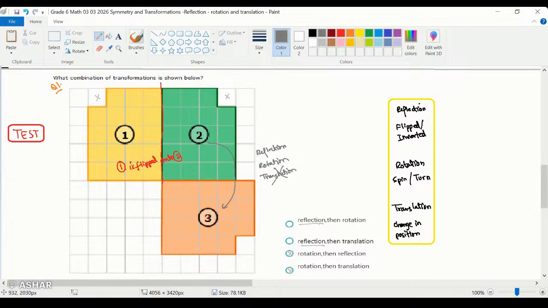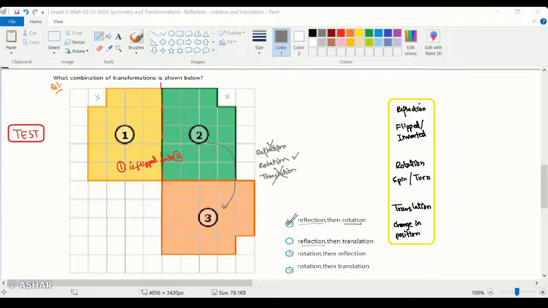Translation is not possible. Reflection, it's not inverted. So what are we left with? We are only left with rotation. Agreed? So we can say 1 is reflected onto 2 and 2 is rotated onto 3. Okay? So that is the sequence given to us.